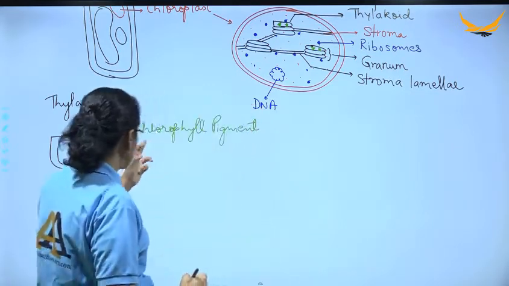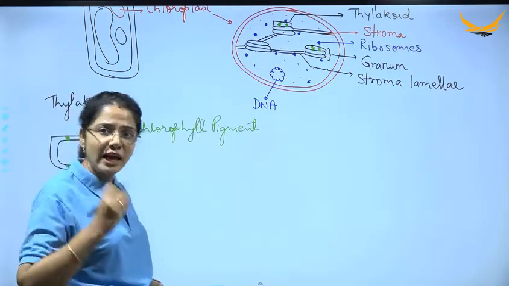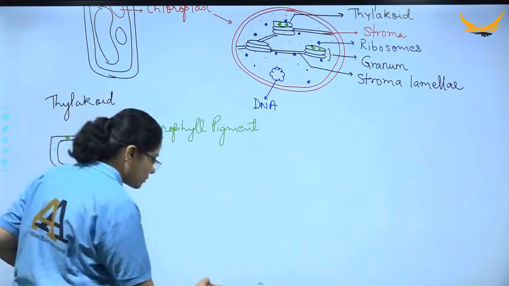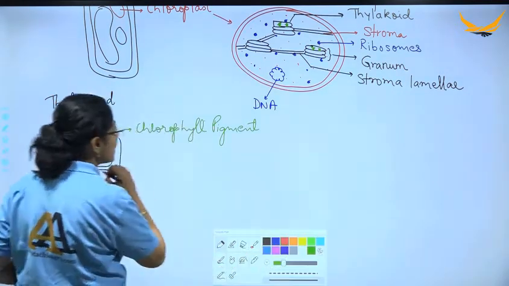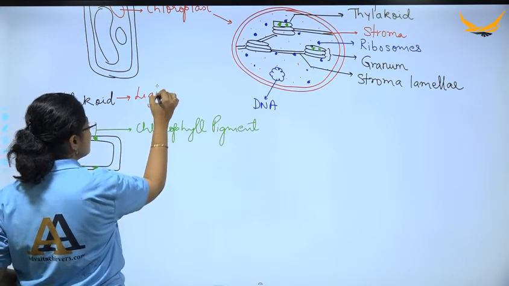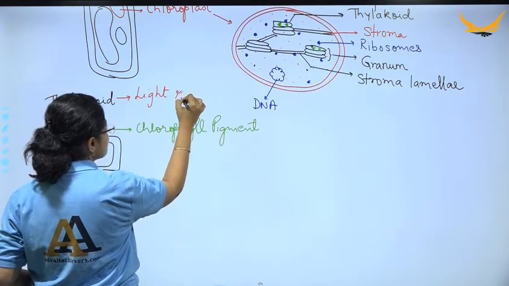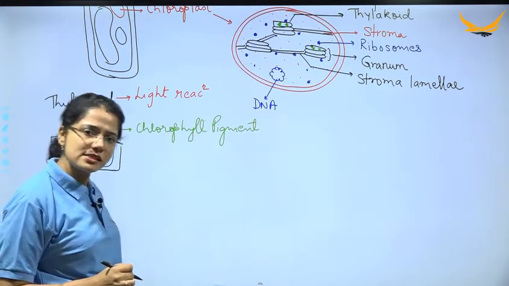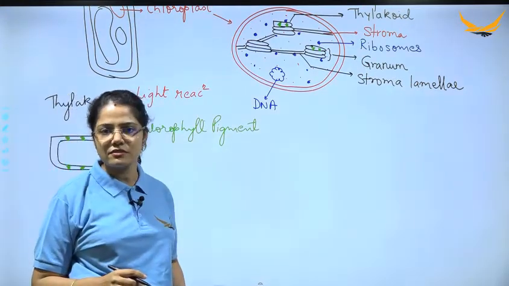So that phase or that reaction takes place where? In the thylakoid. So remember, in the thylakoid what takes place is the light reaction. ठीक है? What takes place is the light reaction, right?